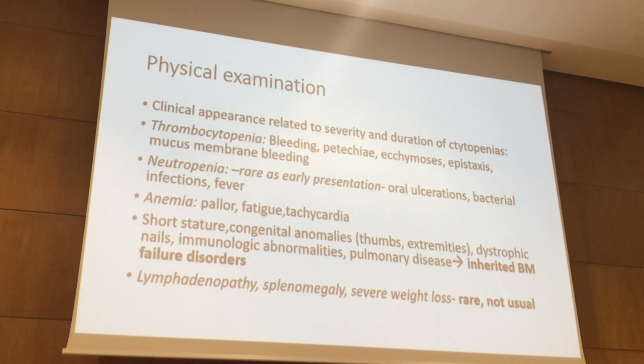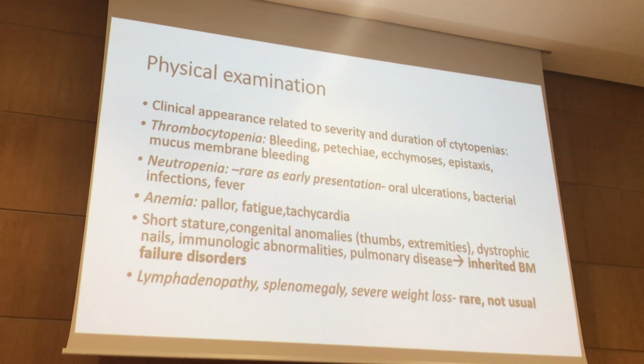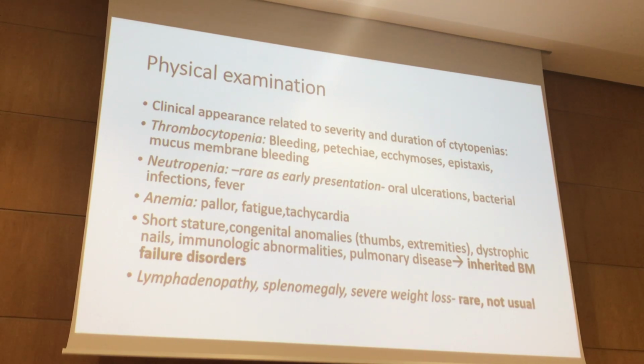Congenital abnormalities in any body system or body part, such as thumbs, extremities, dystrophic nails, short stature, or special facial features, should direct you to one of the inherited bone marrow failure disorders. Usually hepatomegaly, splenomegaly, and lymphadenopathy are not present in aplastic anemia cases.